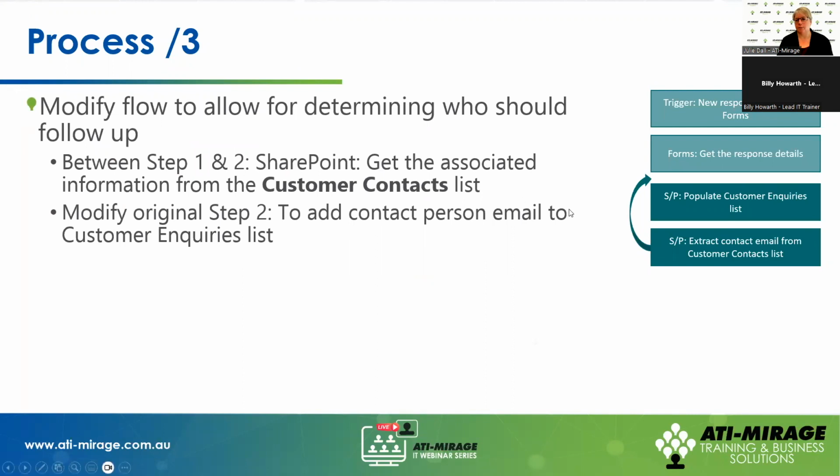To do this, we need to extract the contact email from the customer contacts list based on the inquiry type. These are the 3 steps we have in our flow at the moment, and we want to add this step in after we get the response details and before we populate the customer inquiries list.